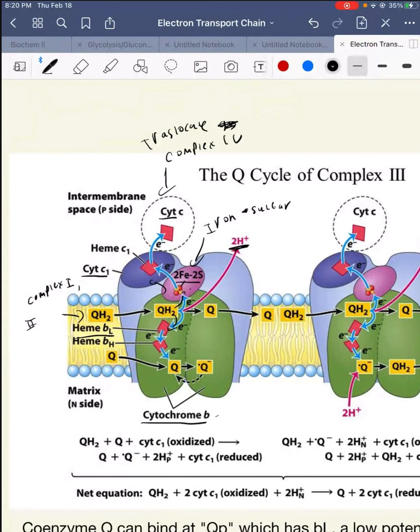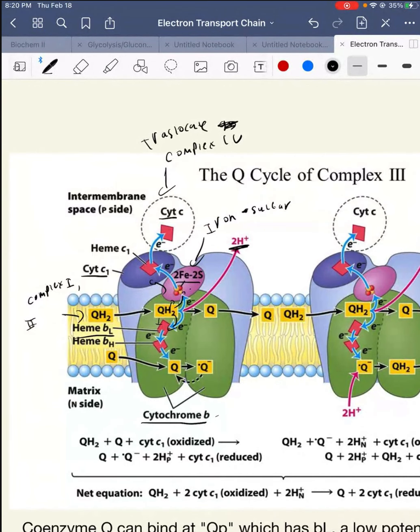So now we have one cytochrome C with one electron, but we need to transfer the other electron somehow. Remember we said we gave one electron to iron sulfur, and then the other electron is given to this heme Bl.